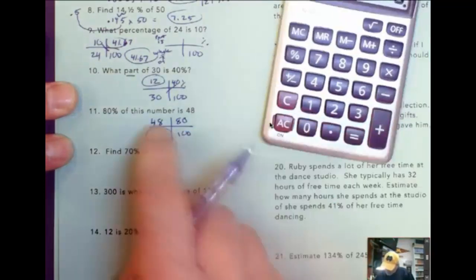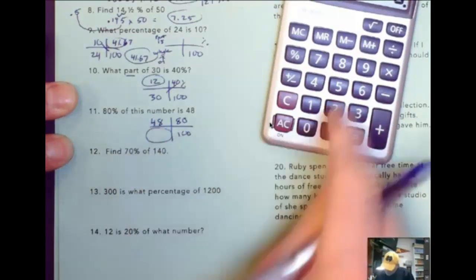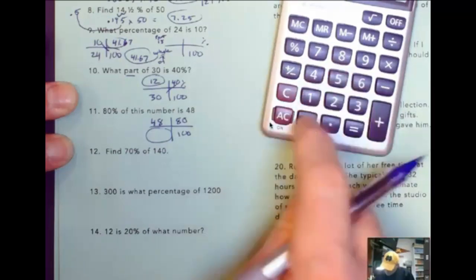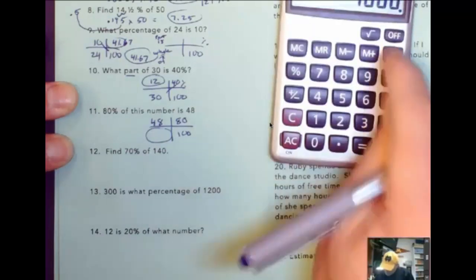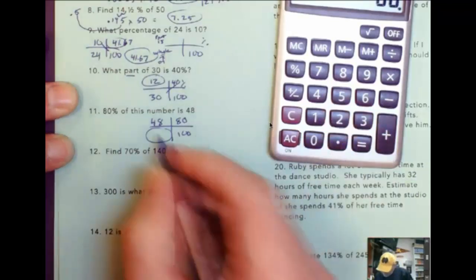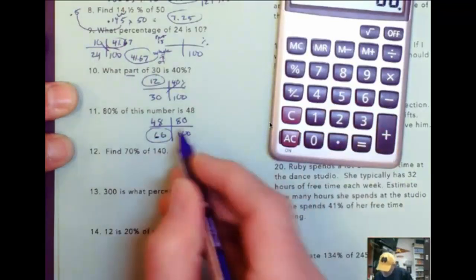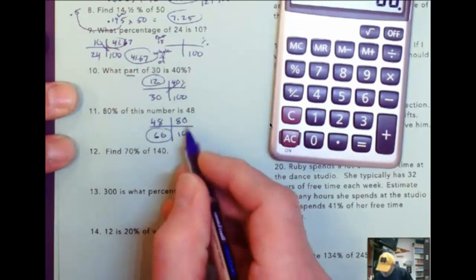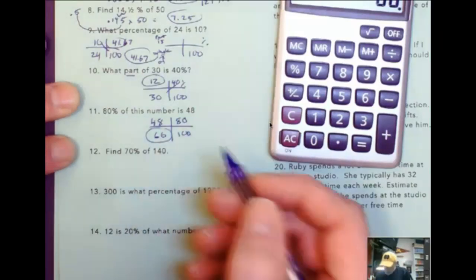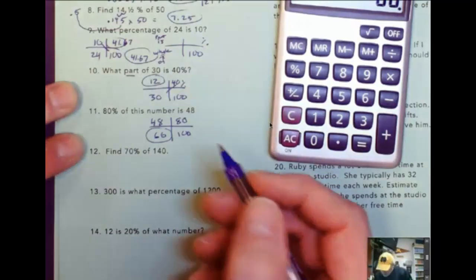I can go ahead and do it. I know that 48 times 100 is just going to be 48 plus 2 zeros. That's 4,800. I'm going to divide that by 80, and I'm going to get 60. And that makes sense. 80% of 100, or 80 over 100, is the same as 48 over 60. Oh, yeah, sure, yeah, betcha.